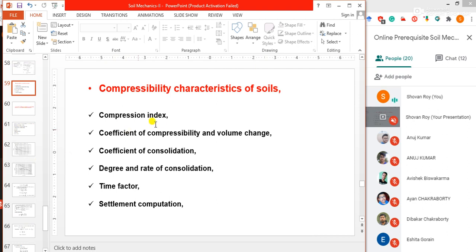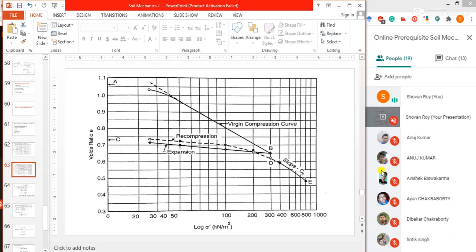After this, compression index, CC, is one of the important terminologies. Compression index is the slope of the curve of void ratio versus effective stress when plotted on a log scale. This slope is represented by the compression index, CC.